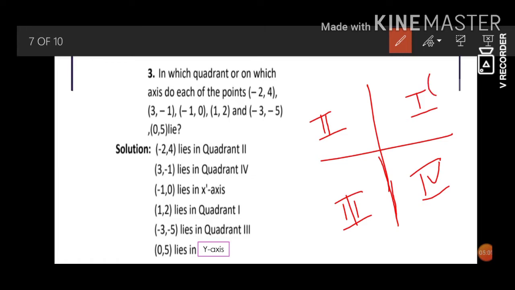Along with the quadrant, we can use the signs. Plus plus is quadrant 1, minus plus is quadrant 2, minus minus is quadrant 3, and plus minus is quadrant 4. The first point, minus 2, plus 4, is minus plus, so it lies in the second quadrant.